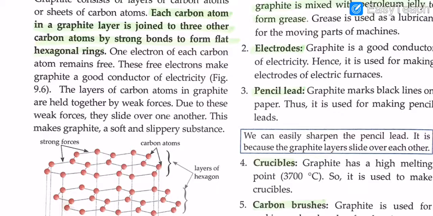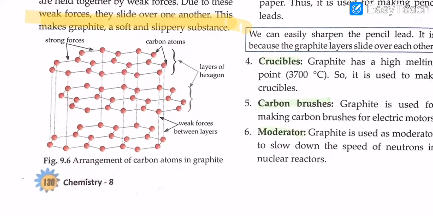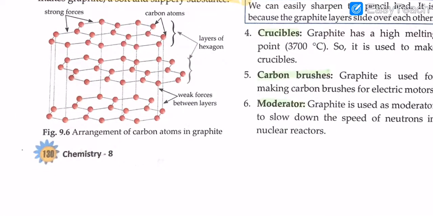So when we talk about why graphite is soft and slippery, it is only because the layers of carbon, the hexagonal rings, are always held by weak forces, and due to this it's very soft and slippery. So there are strong forces over here. These are carbon atoms.